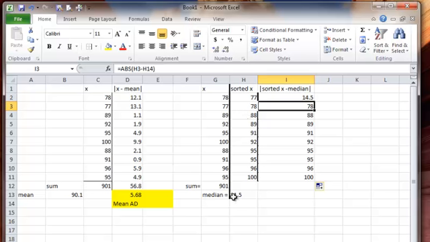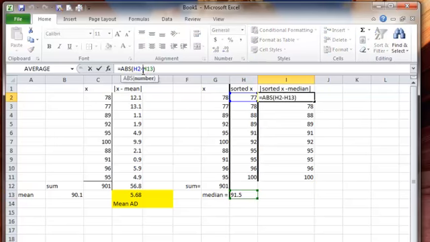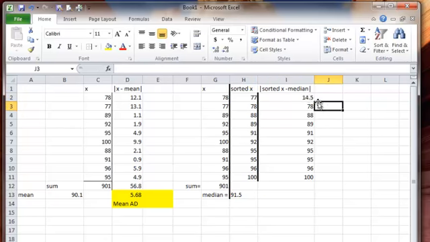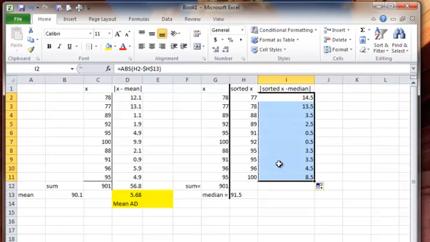So what you need to do is, because I want that cell to remain constant, I would have to put a $ sign here and in front of the 13, and that makes that value remain constant for all the absolute values. And I could go down, and now I can copy all of those and have the absolute value of those.